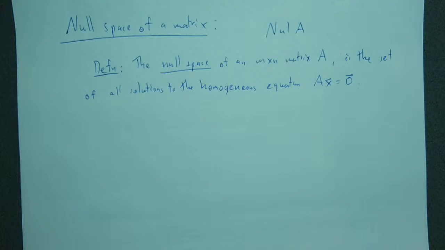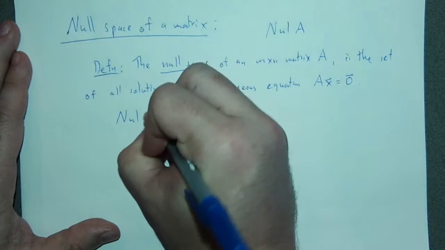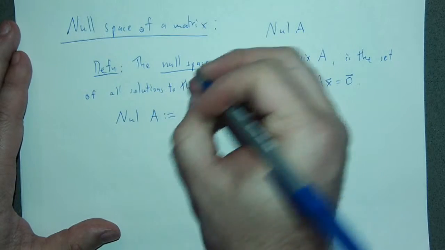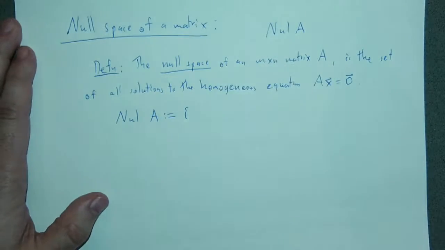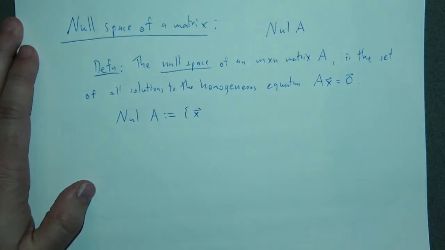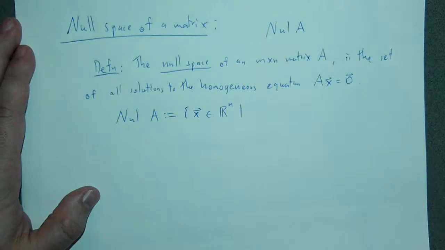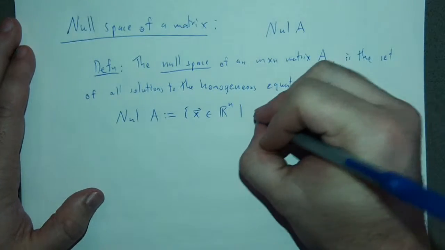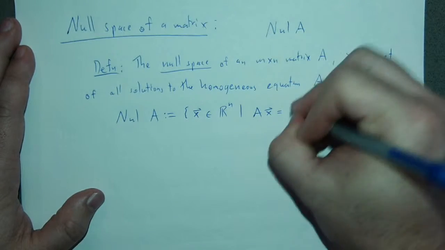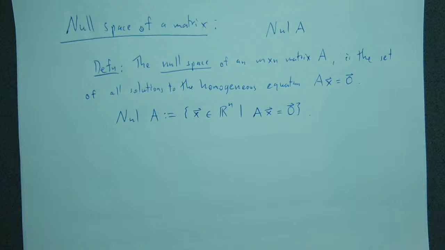That is, in set notation, the null space of A is defined to be the set of all vectors x in Rn such that Ax is equal to the 0 vector.